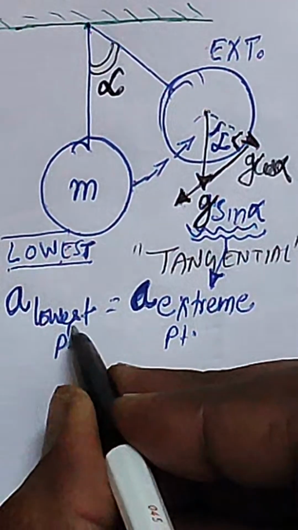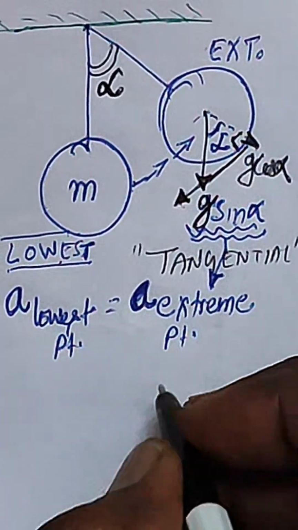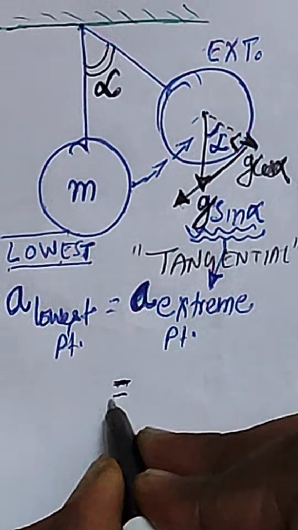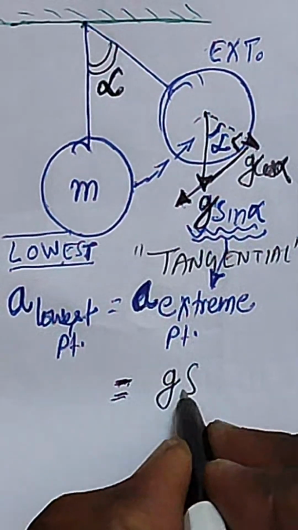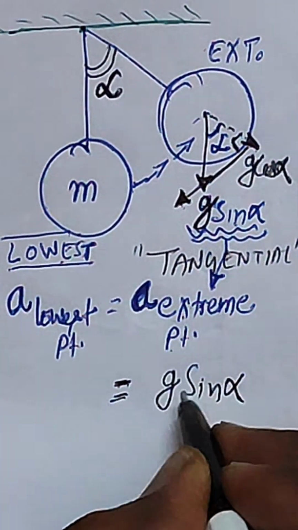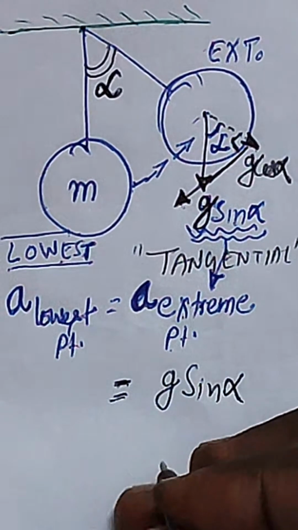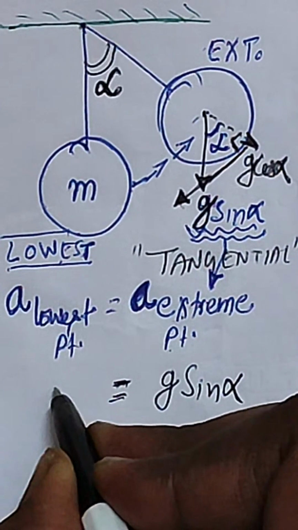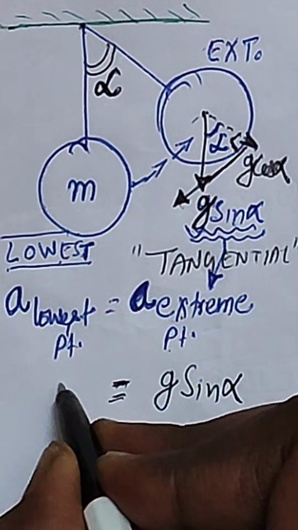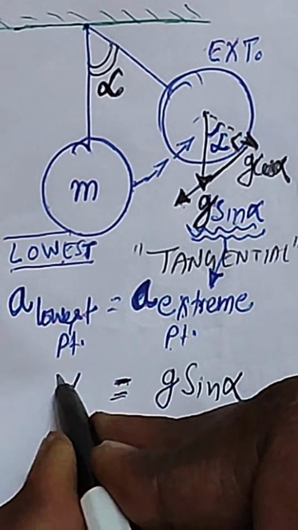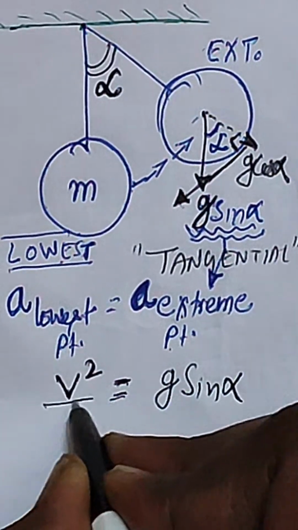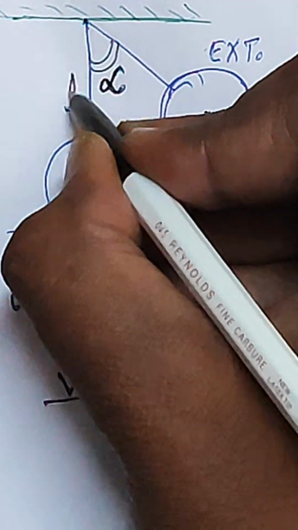It's given that the acceleration at the lowest point is equal to that at the extreme point. So when you compare, we can write g sin alpha on the RHS for the acceleration at the extreme point, and at the lowest point it's v square by r, where v is the velocity and r is the length of the string.